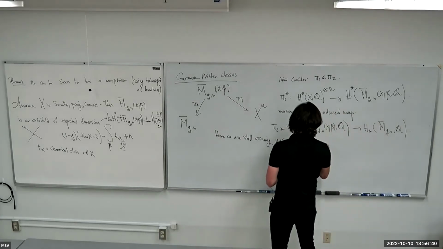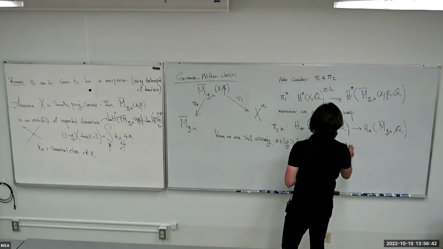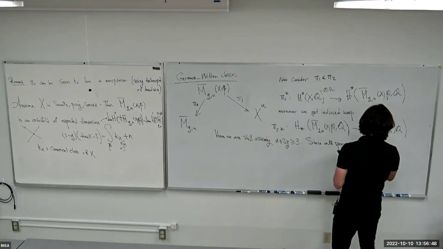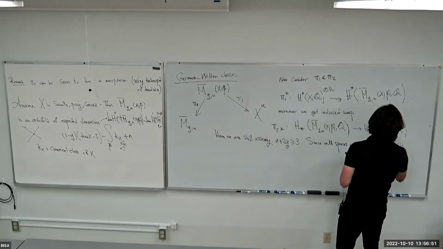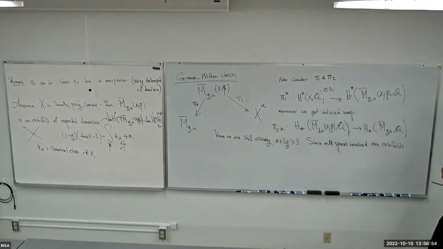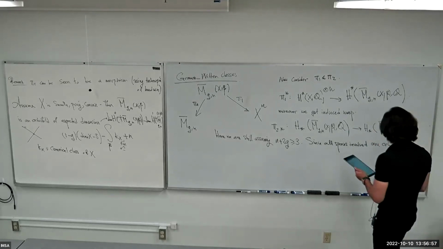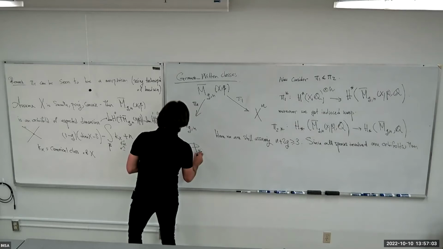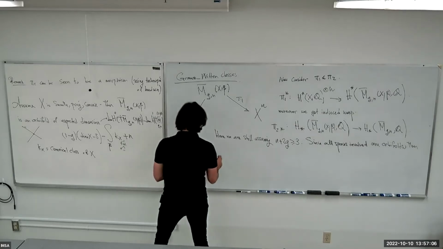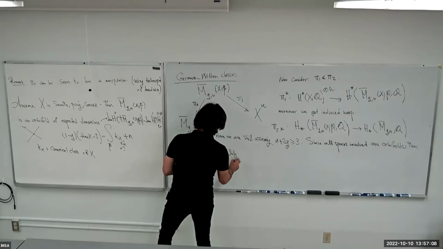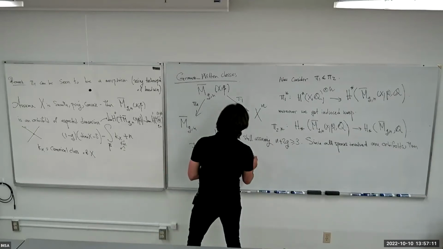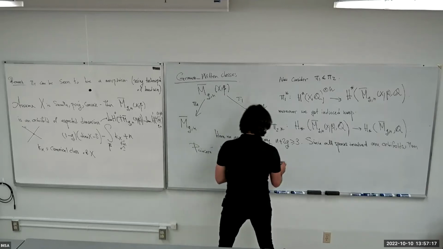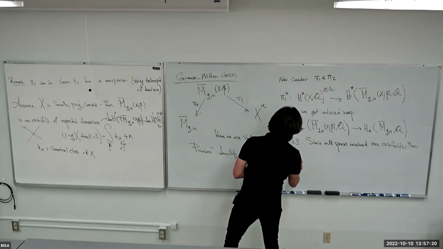Since all the spaces involved are orbifolds, they have orbifold structure, non-singular, but with orbifold structure, then Poincare duality and pi 2 lower star induce a Gysin push forward map.